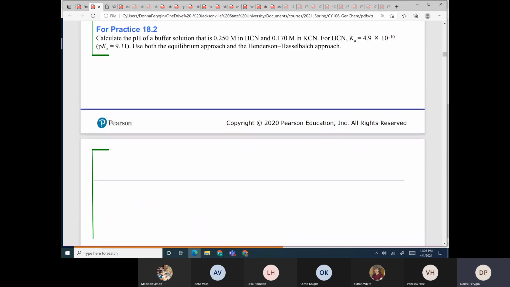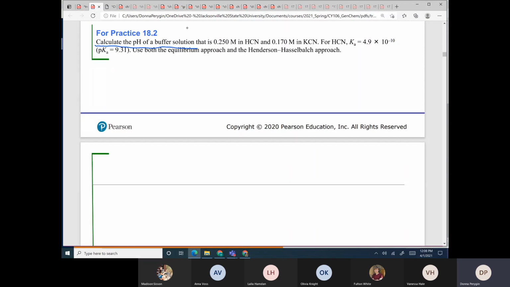Calculate the pH of a buffer solution. Okay, that's your key. That's your Henderson-Hasselbalch equation. Calculate the pH of a buffer solution that is 0.250 molar in HCN, that's a weak acid, hydrogen cyanide, and 0.170 molar in KCN, that's the salt, okay?